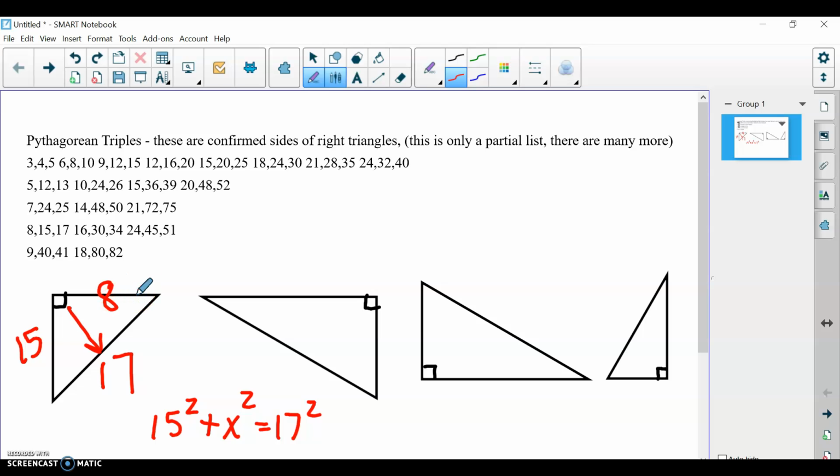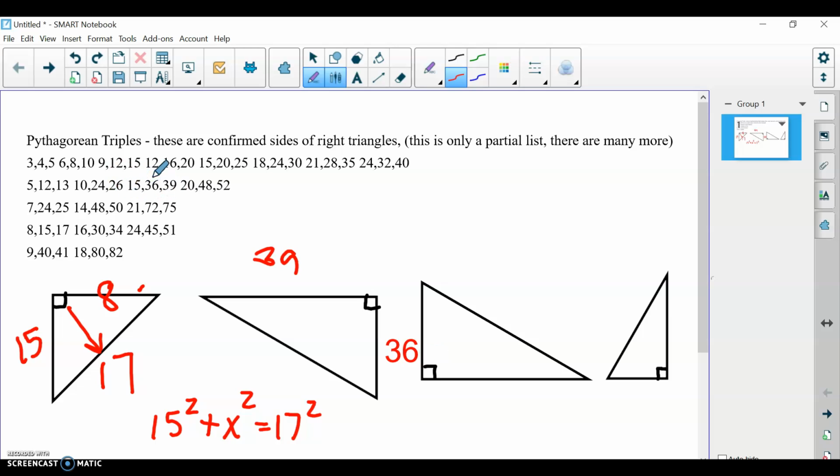Another example, let's say that this side right here is a 39, and this side down here is a 36. I'm looking for 39 and 36, and here it is right here.